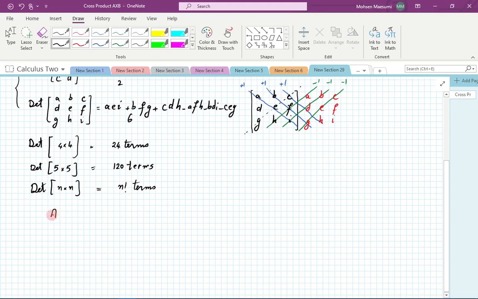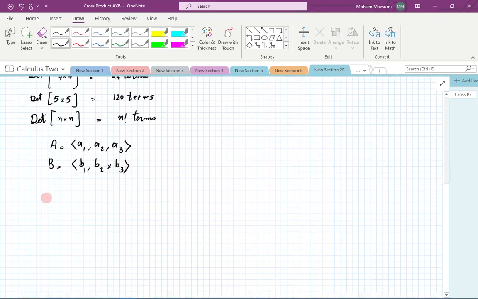Suppose I have a vector A, which has 3 components, and a vector B, which also has 3 components. A cross B is defined as the determinant of a matrix whose first row is just made out of the standard unit vectors i, j, k.